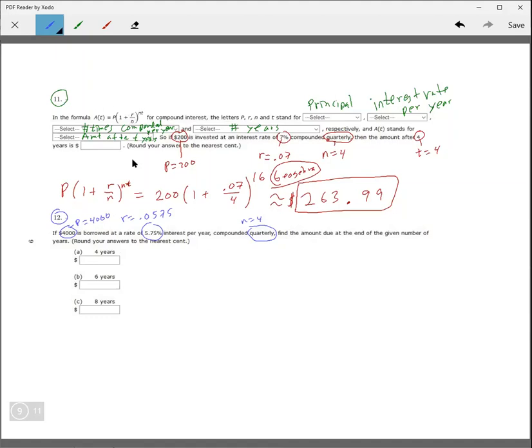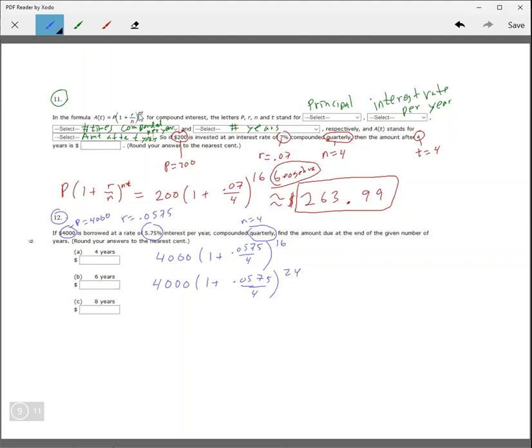We're going to apply this formula to all of them. So that's going to be 4,000 times 1 plus 0.0575 over 4. Now here's the difference. The first one is going to be 4 years. So that's 4 times 4, that's 16. The next one will be the same, except 6 times 4 is 24.